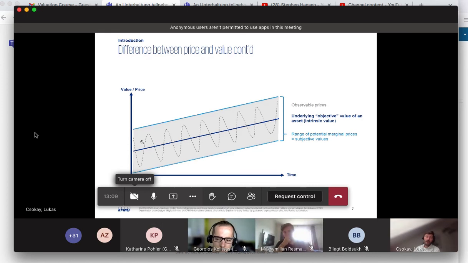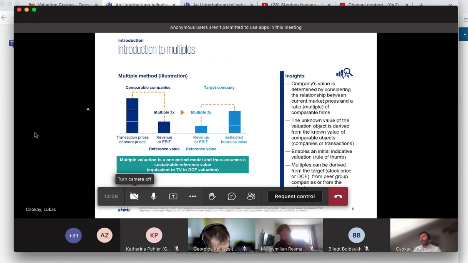That's a typical picture you would have if you observe market prices and calculate your DCF, for example. Then market prices will fluctuate around that DCF value.